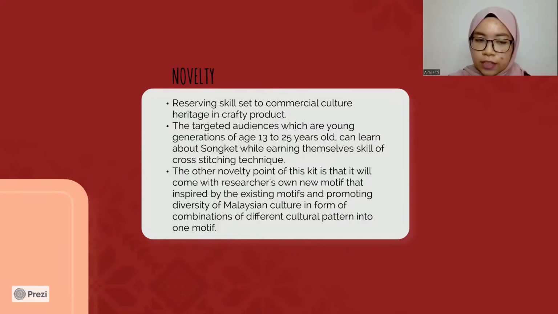Another novelty of this project is it will come with new motifs that I will develop, and the motifs will promote the diversity of Malaysian culture, combining in one motif.